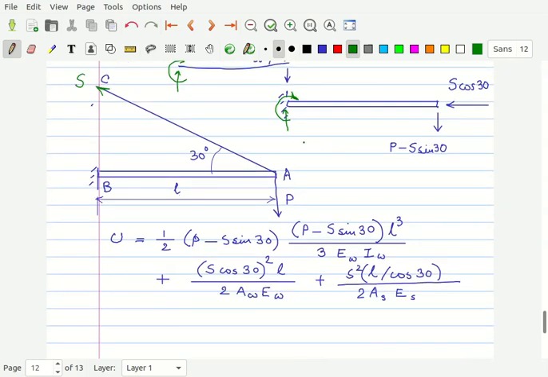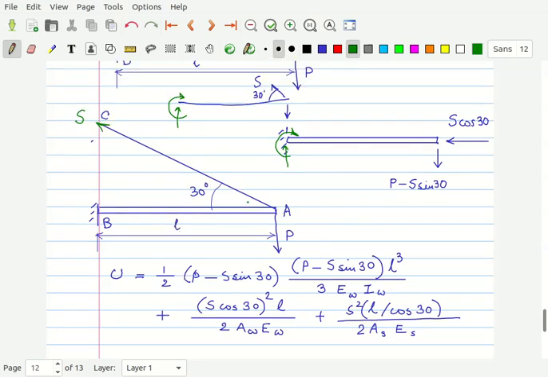And what is the strain energy stored in it? The strain energy first, the strain energy stored in the beam. So this beam, this is the transverse force at the end of a cantilever beam.